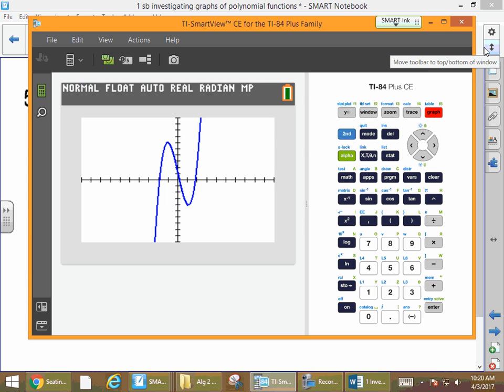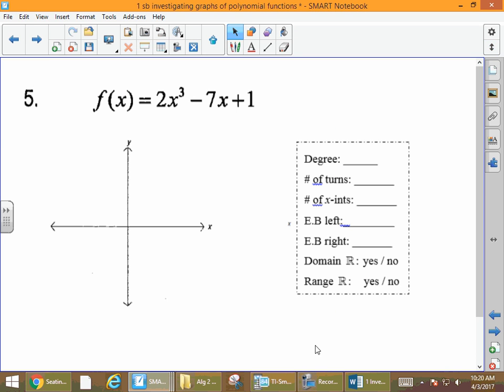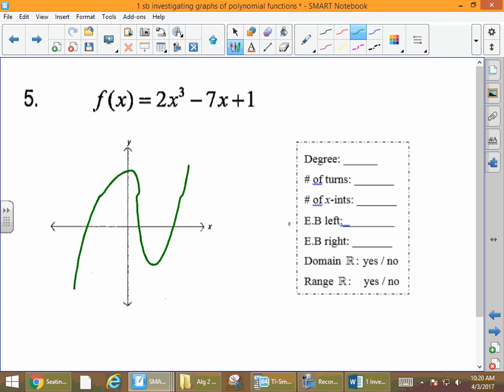So we get an idea of what the picture looks like. It doesn't have to be fancy. And we're going to come over here and we're going to draw a picture. Roughly something like that. And you can see a good picture on your graph, so mine is not that good, but it will get us through here.